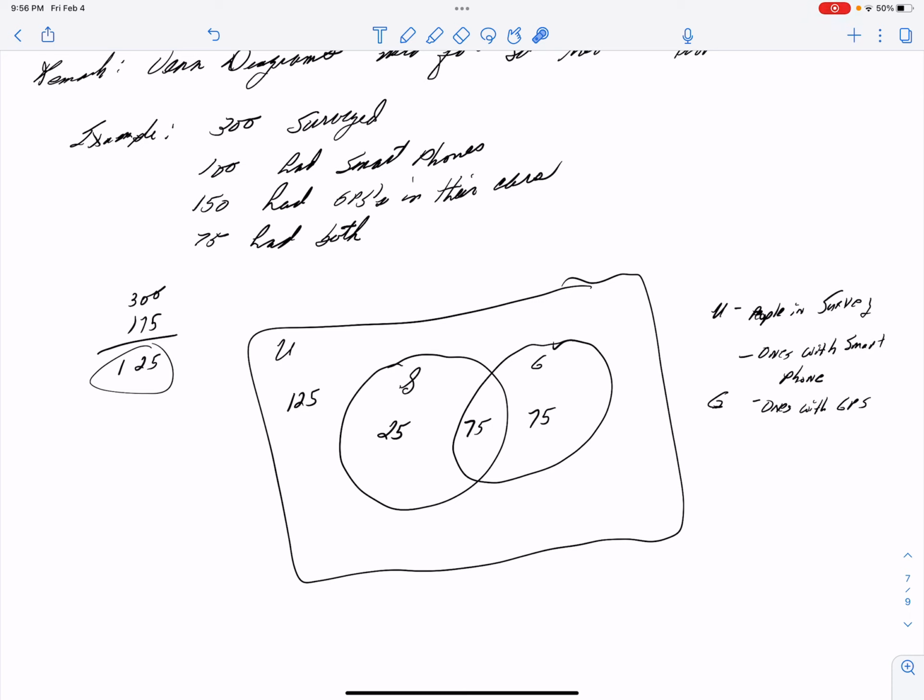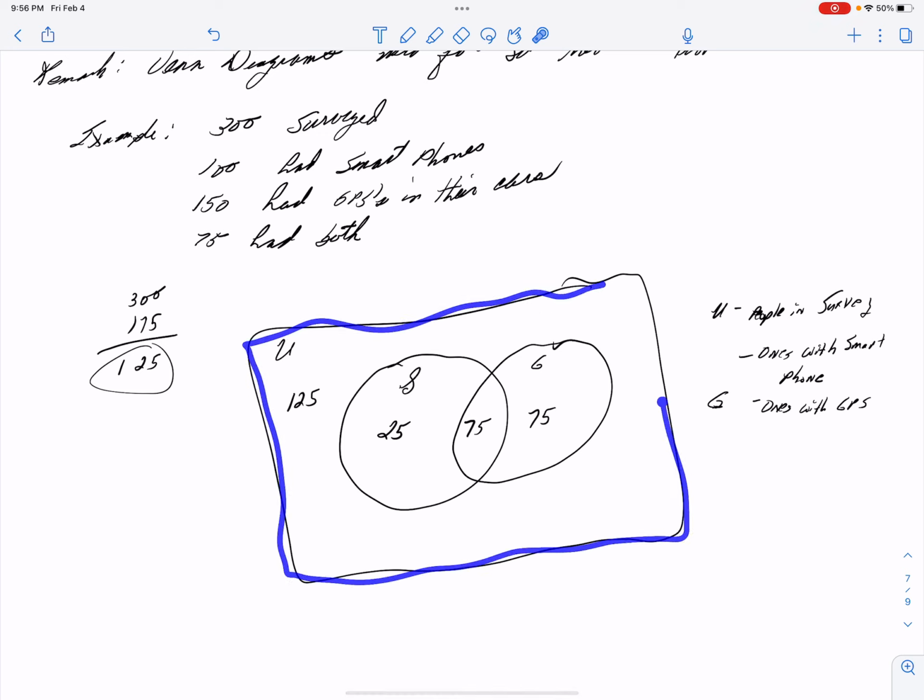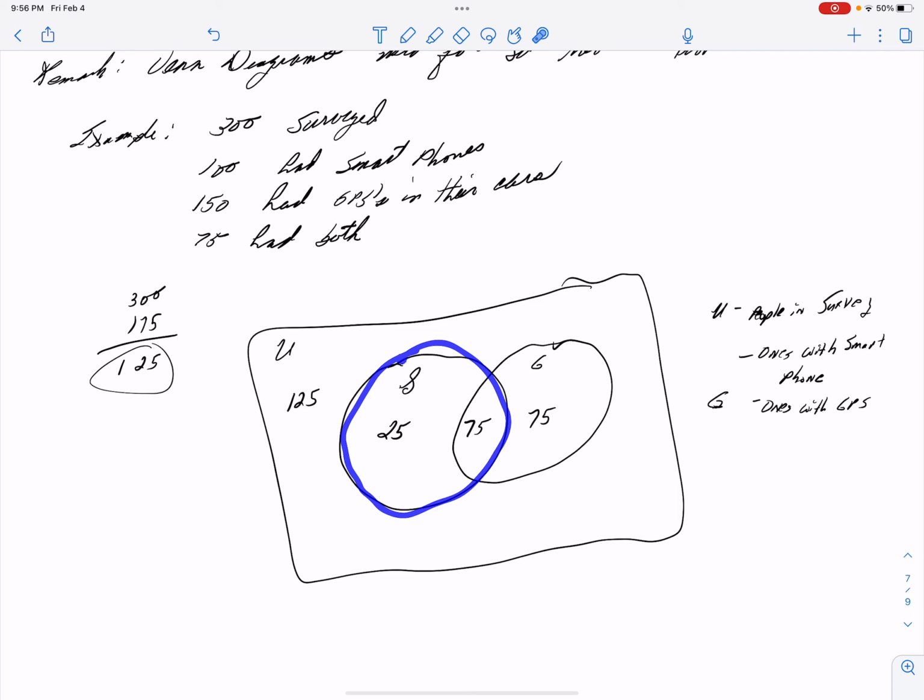Now, how do we do it? And the answer is, well, we just draw a Venn diagram. So let's draw an arbitrary Venn diagram for 2 sets. Let's say this, the set S, are the ones that had smartphones.